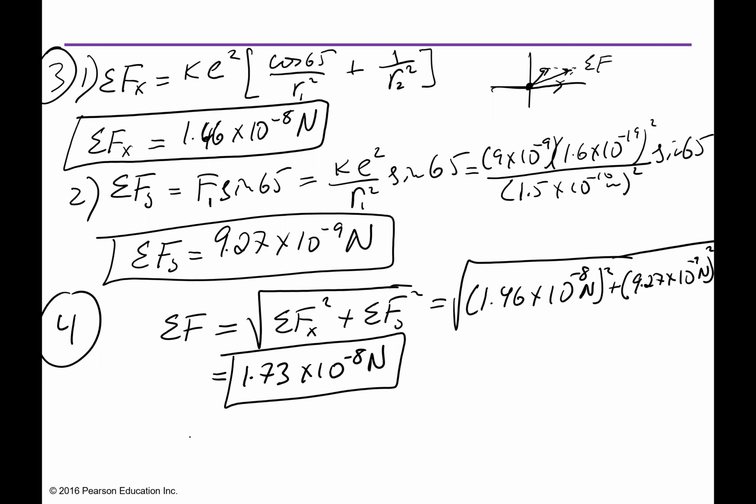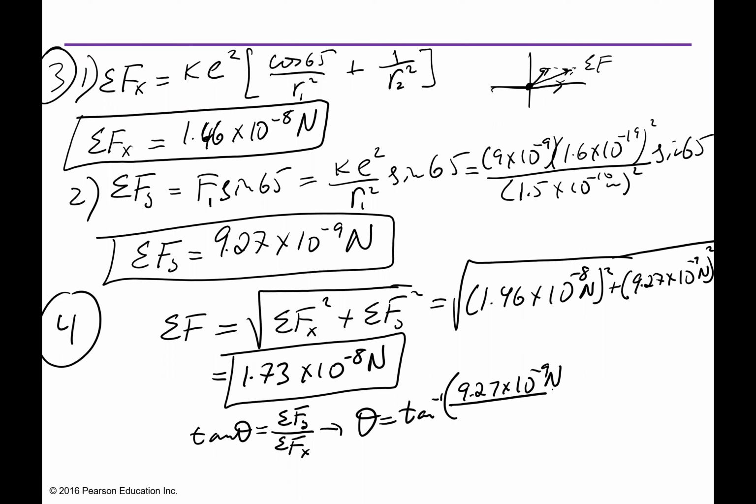But I can find that precisely by using tangent of theta equals net force in the y direction over net force in the x direction. Theta is the inverse tangent of the y component, 9.27 times 10 to the negative 9 newtons, divided by the x component, 1.46 times 10 to the negative 8 newtons.